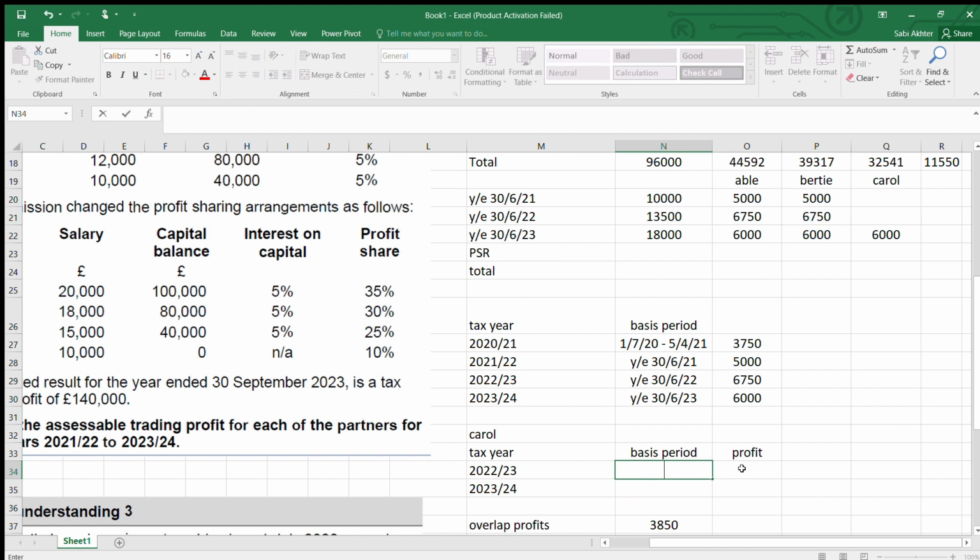Basis period will be from 1st of July 22 till 5th April 23, 9 months. How much profit? 6,000, so 6,000 into 9 months. And then for 2023-24, year ended 30th June 23, 6,000. Can get it from here.